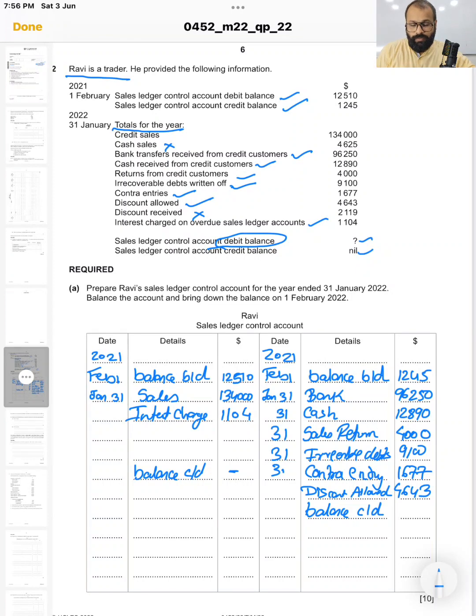Now what I will do is simple. I will total both sides, write the greater amount, and then find the difference. I'll total the debit side because I know the difference is on the credit side, so that will be the greater one.